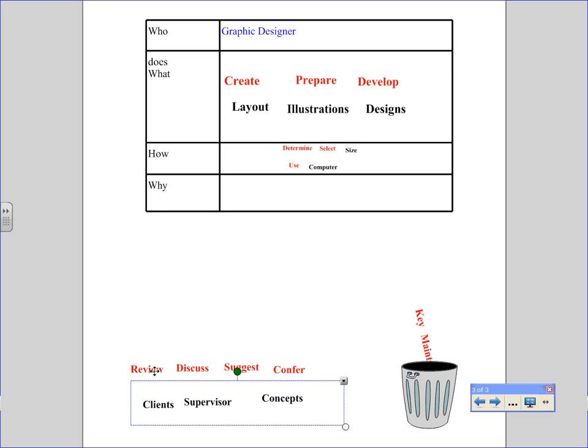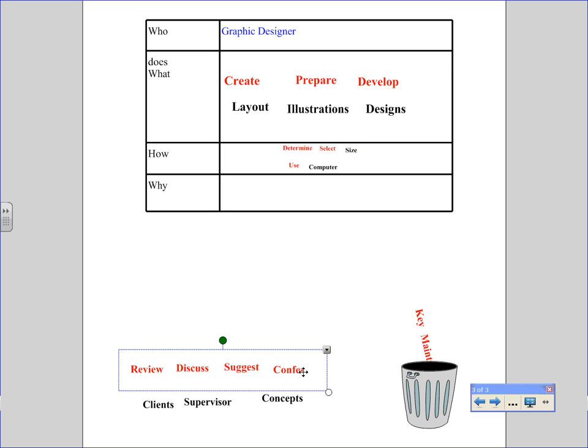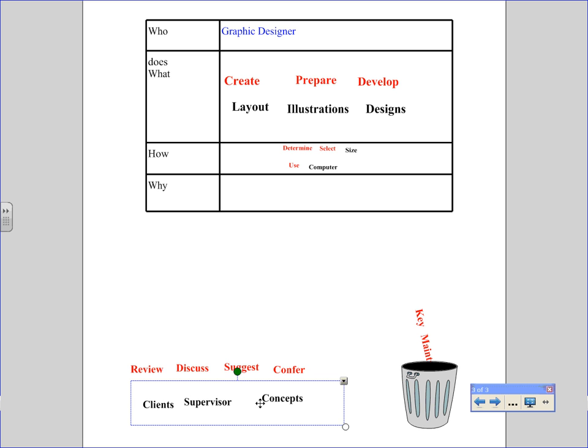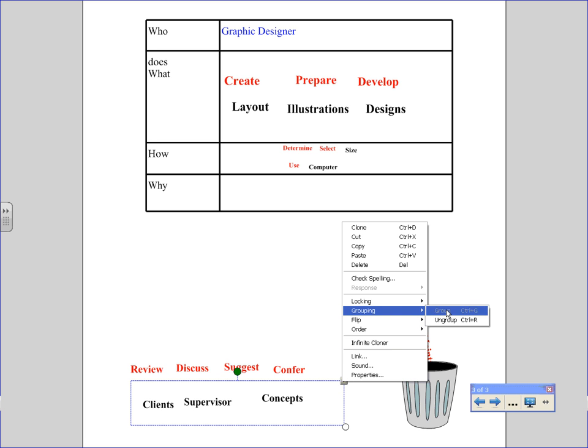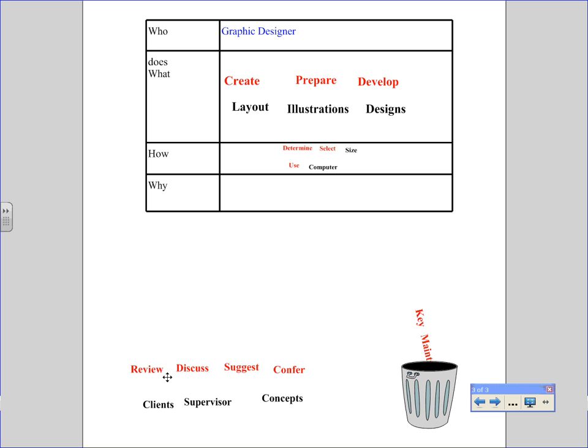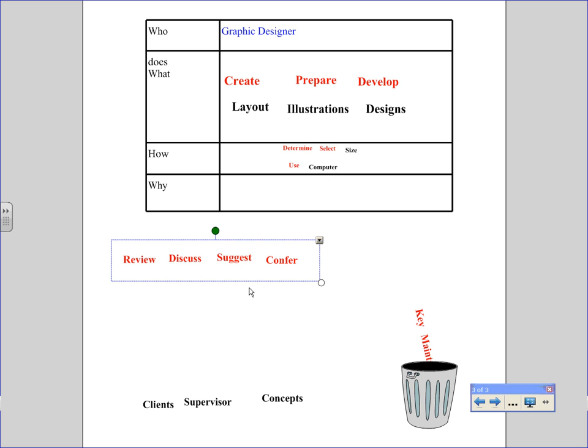Now my last word group: review, discuss, suggest, confer, clients, supervisor, concepts. I have to decide, is this the order I want to copy these words in? Well, I don't know. I like this okay. Review, discuss, suggest, confer. But what am I reviewing? I'm reviewing the concepts.